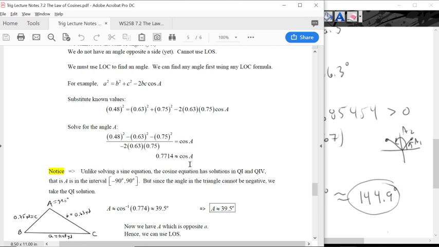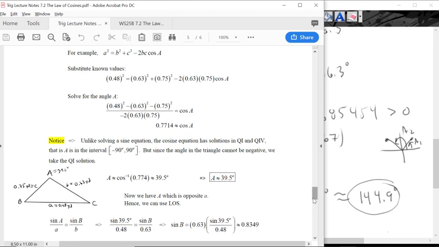But notice, logically, you cannot construct a triangle that has a negative degree angle in it. Okay? That would not occur. And you also would not be able to build a triangle that has an angle that is between 270 and 360 degrees. No such triangle exists. Okay?